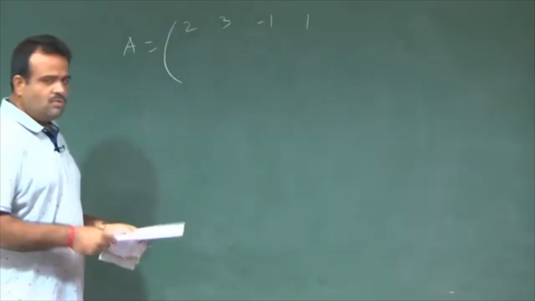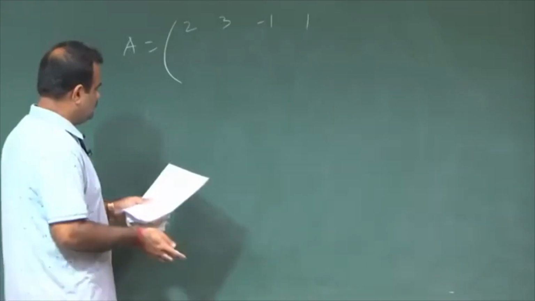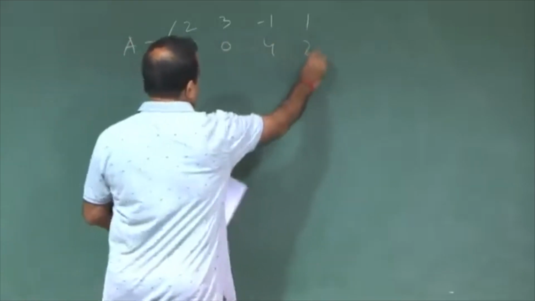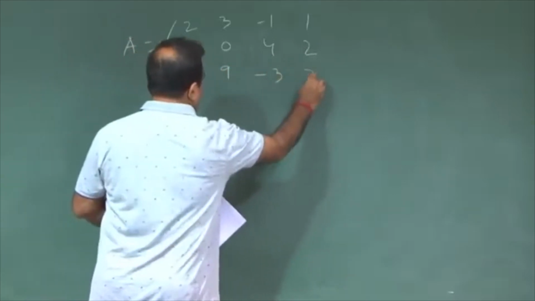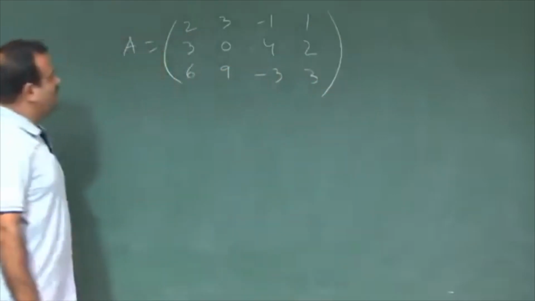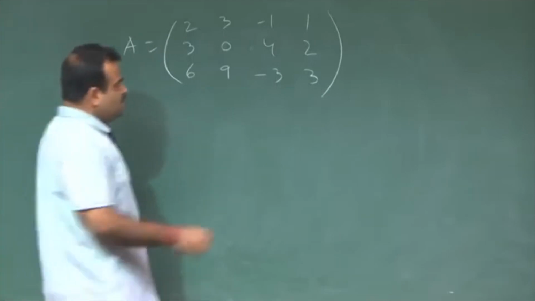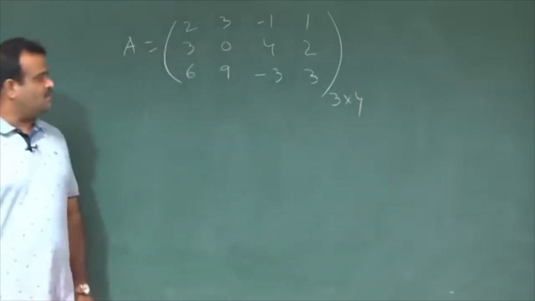But we know the determinant over the real field. Suppose we have been given this matrix. What is the size of this matrix, how many rows? 3 rows and 4 columns. So, this is a 3 by 4 matrix.